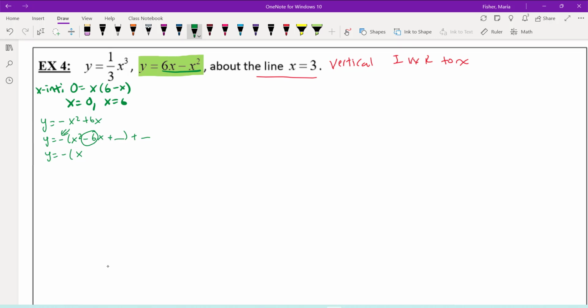Knowing that it's going to be half of the coefficient of the linear term, which is negative 3, I take that number and I square it and I get 9. Moving this number over with y, we have y minus 9 is equal to the negative of x minus 3 squared. So the vertex here, number opposite with x is 3, number opposite with y is 9.